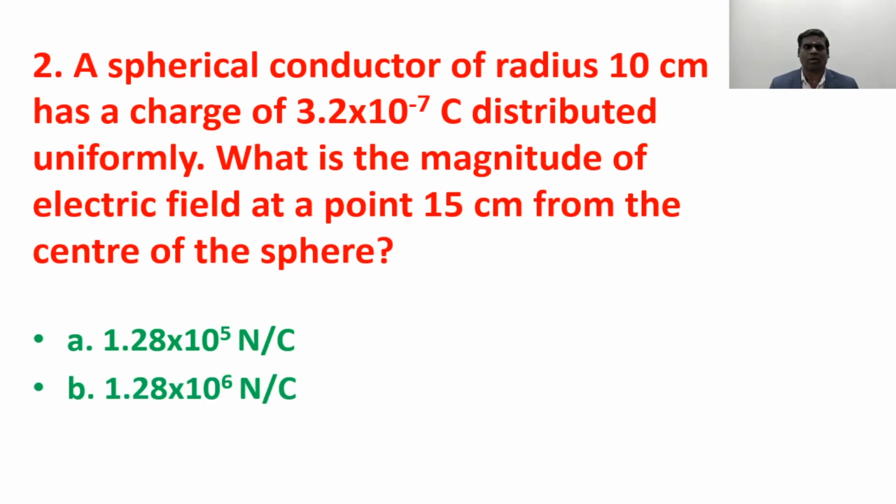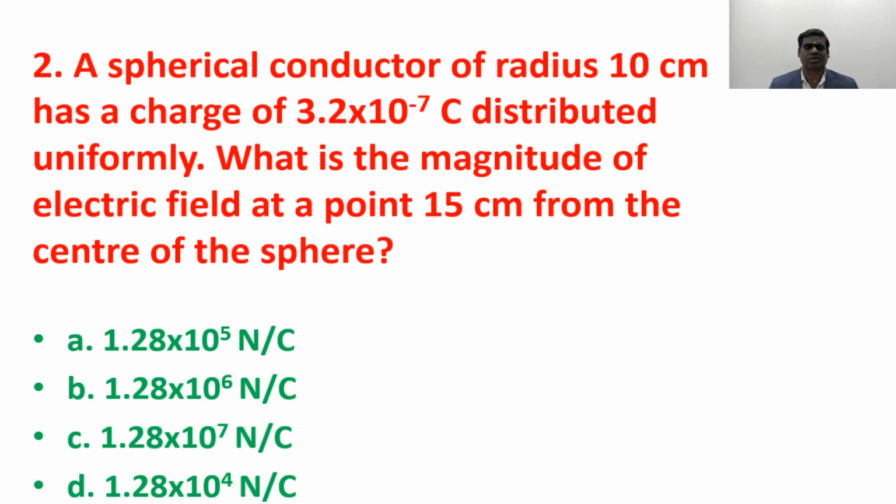Option B, 1.28 into 10 power 6 Newton per coulomb. Option C, 1.28 into 10 power 7 Newton per coulomb. Option D, 1.28 into 10 power 4 Newton per coulomb. Here you want to find the electric field at a point at a distance of 15 centimeter.